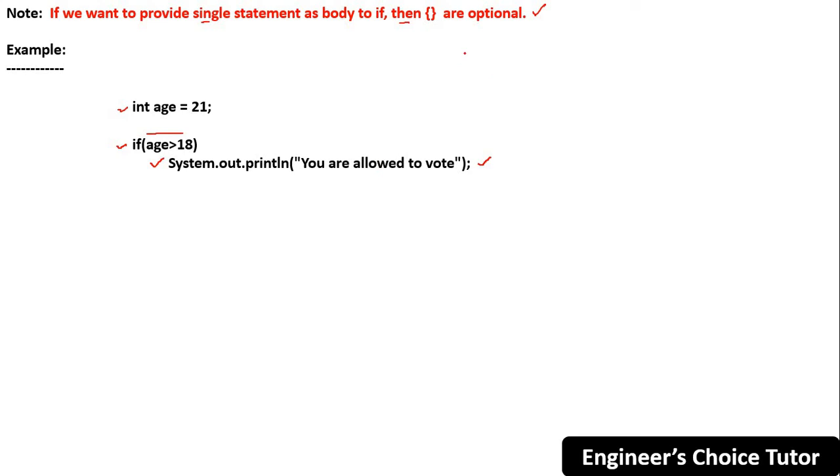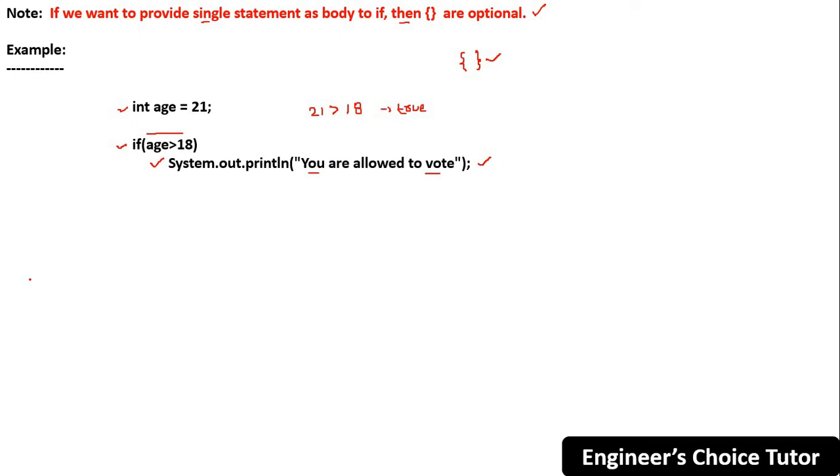In this case the curly braces are optional, since the number of statements is one. Age is 21, and 21 is greater than 18, so the condition is true, and you will get the output: you are allowed to vote.